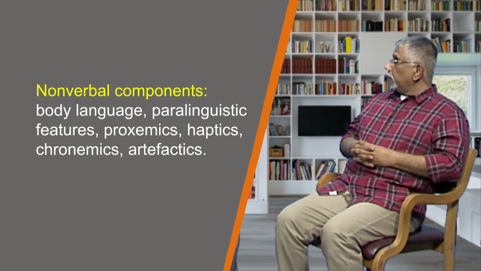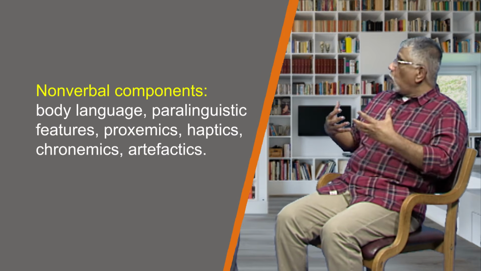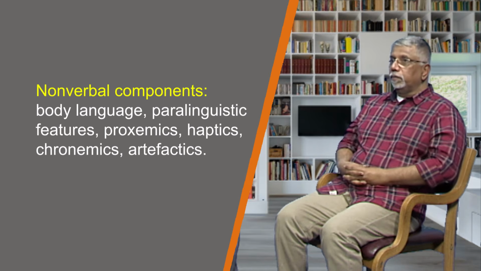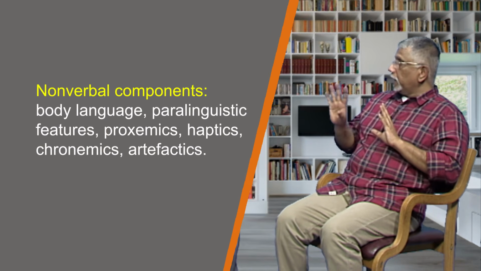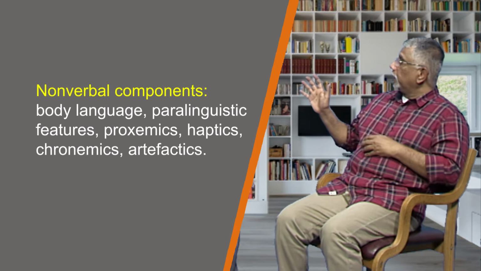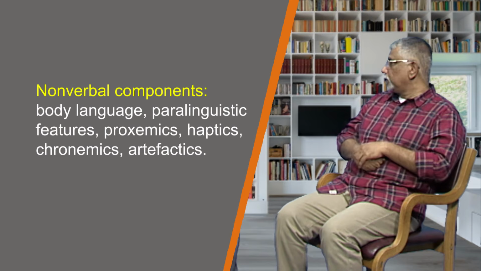It could be your possessions, artifactics: what you wear, what you own, the car, your room, your jewelry. It could be haptics, where happiness and warmth and control are conveyed through a touch.